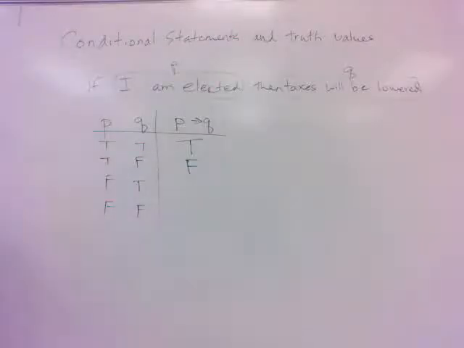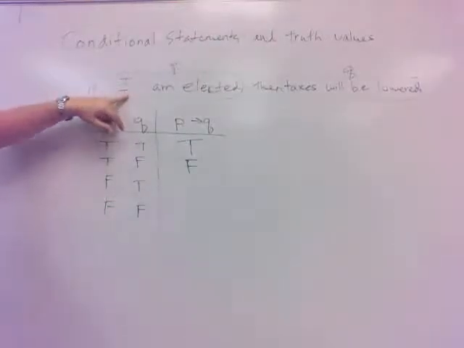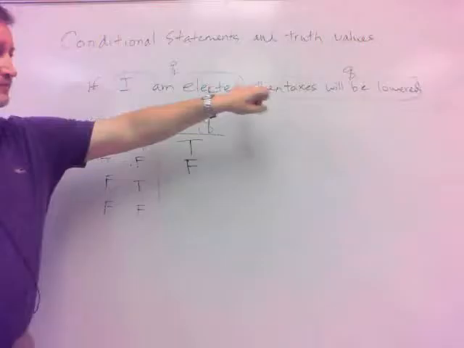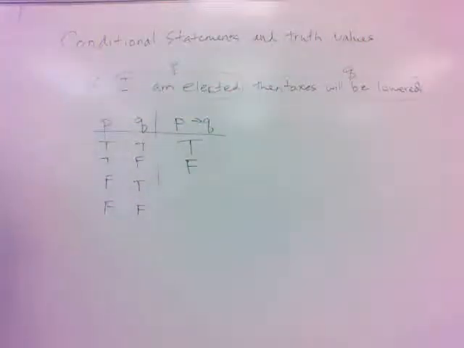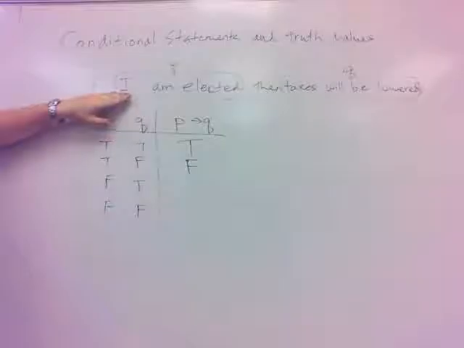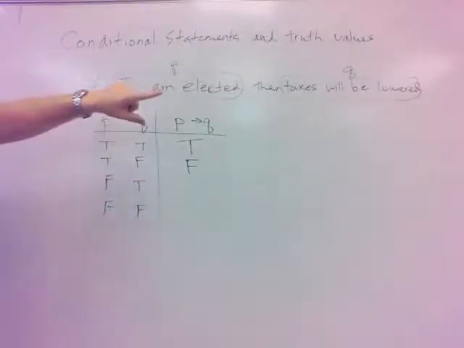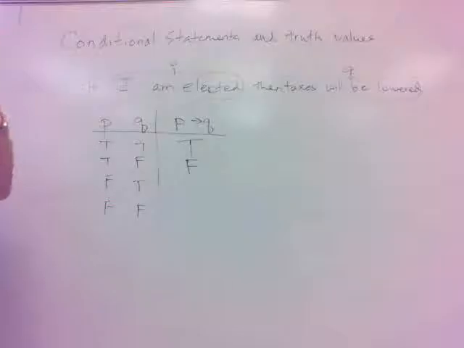Okay, now, next two may be a little tricky. But here's what we got. P is false. Q is true. But again, we're approaching it: did the politician tell a lie? P, I'm elected, is false. But true, taxes will be lowered. Did the politician lie?